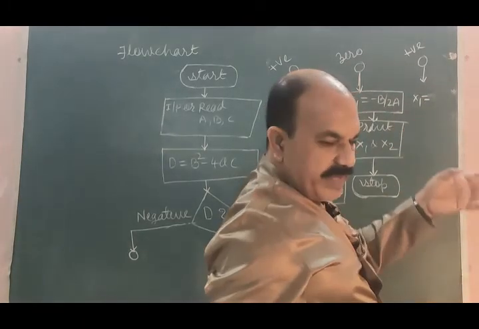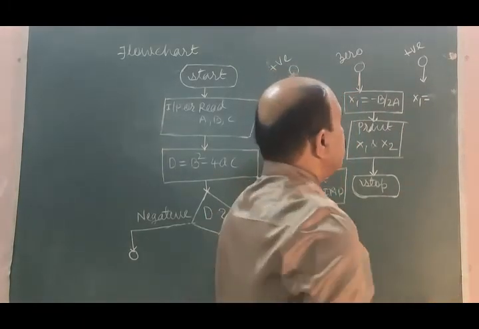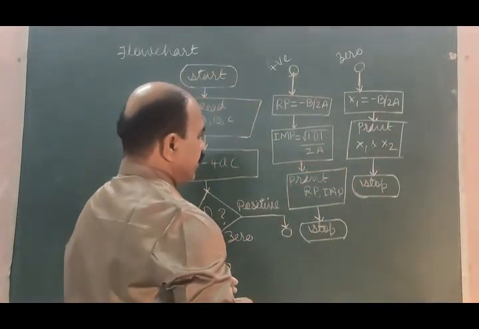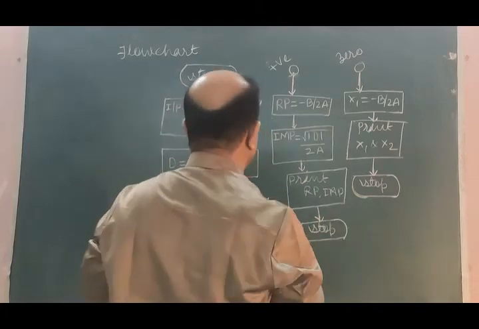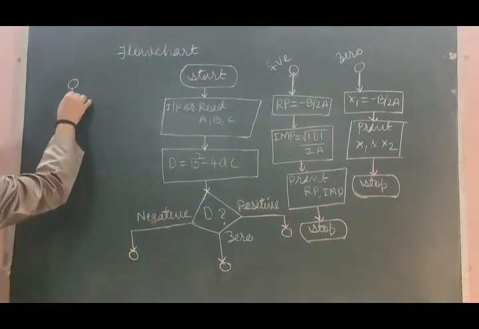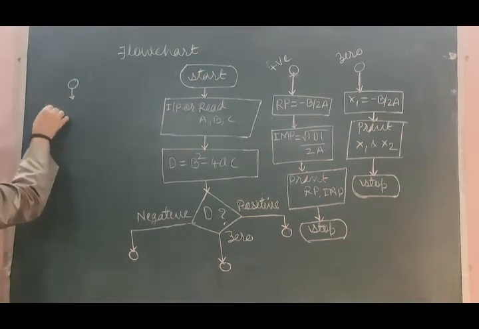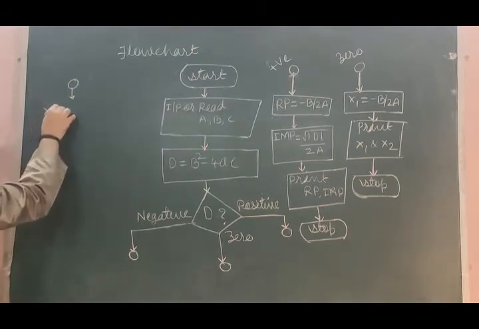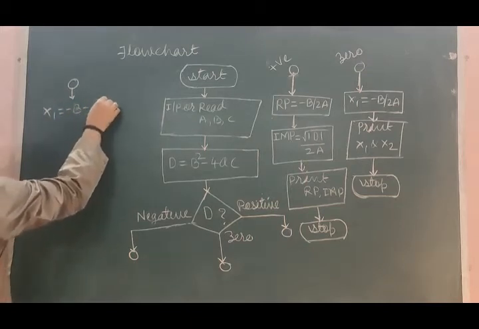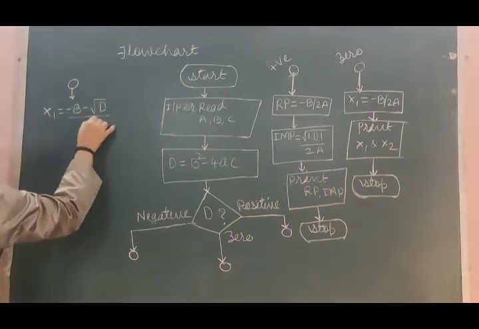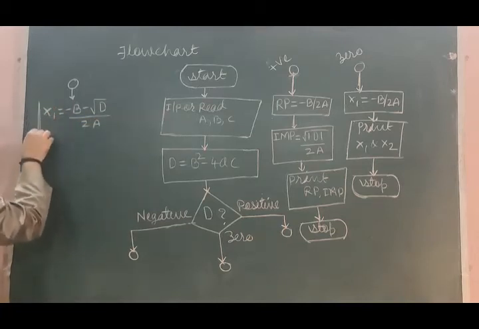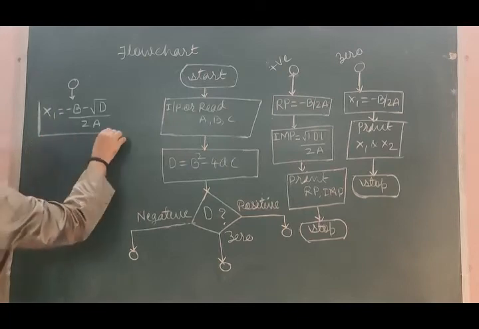Let me take this positive here. X1 is equal to minus b minus square root of d divided by 2a in one rectangle.